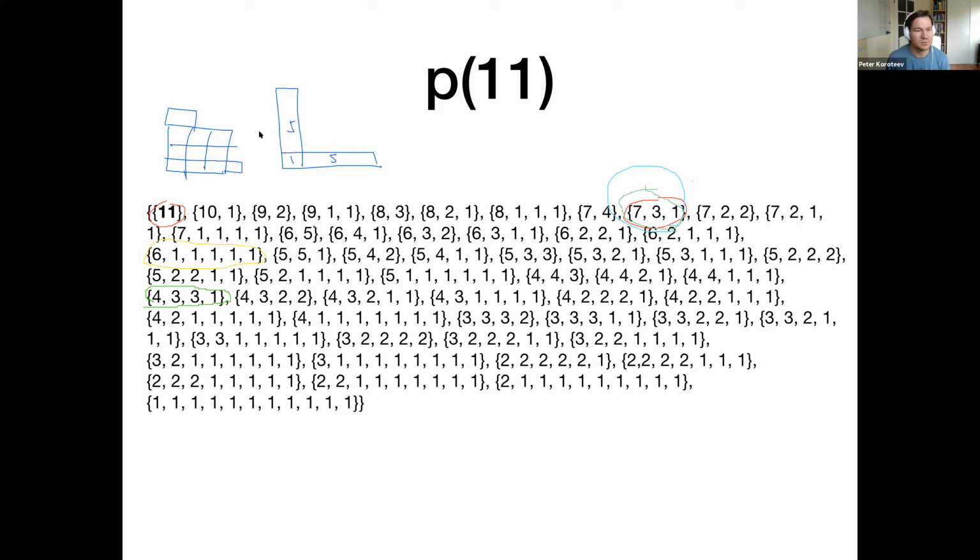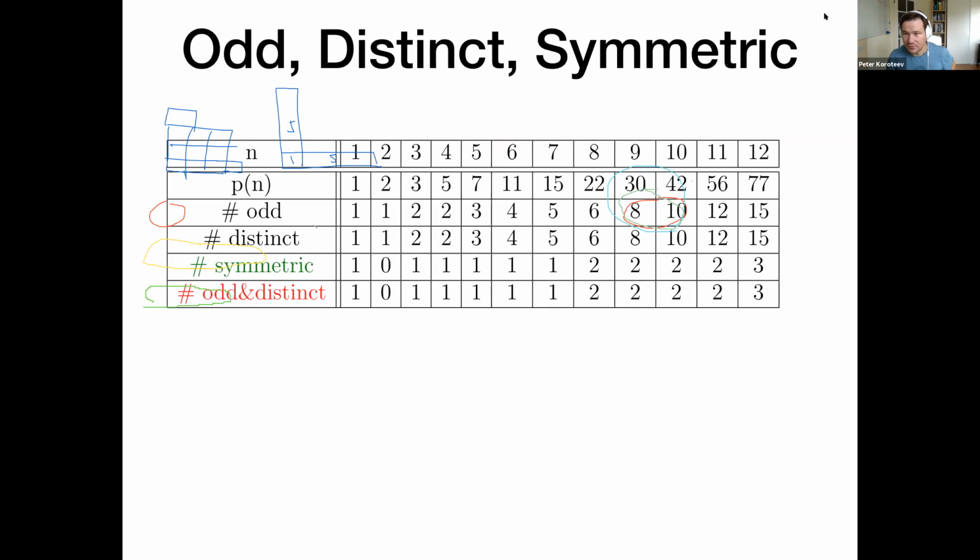See if you can move those blocks around. 4 and 7 ones? No, I think one hook will be longer than the other hook. So for 6, 1, 1, 1, there will be 2 equal hooks. Oh, I thought for 11 there are 3. Let's see. Yeah, for 11 there are 2.